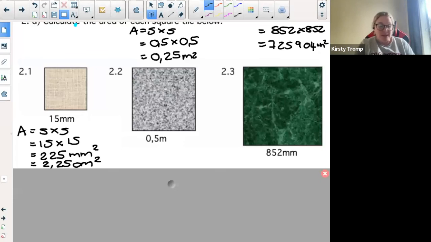Because it's millimeters squared. So 1 centimeter equals 10 millimeters, but 1 centimeter squared equals 100 millimeters squared. So what do we need to do? We need to divide by 100. Be careful, not 10. All right. Let's go have a look at meters.